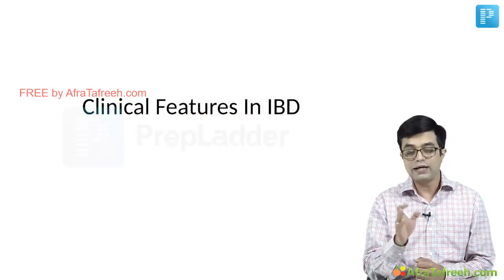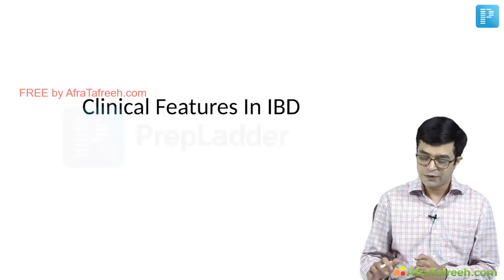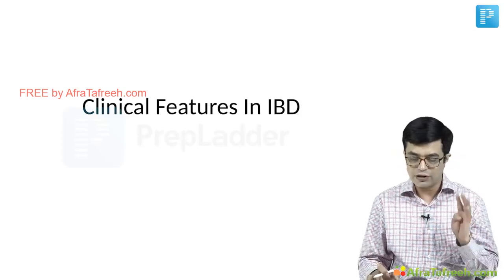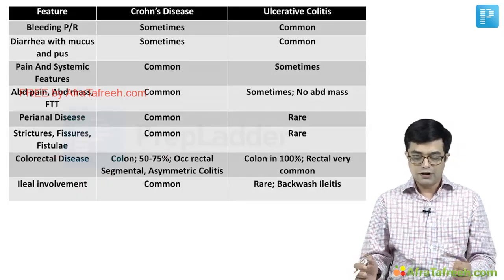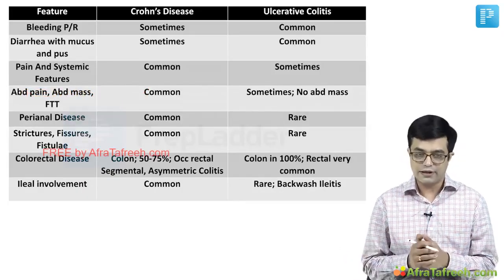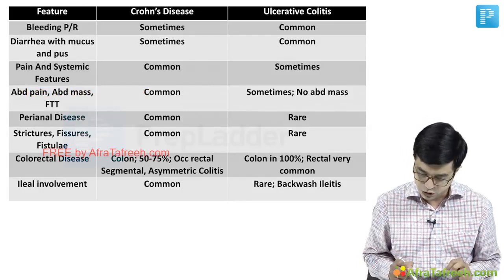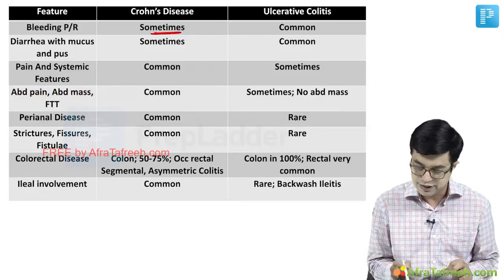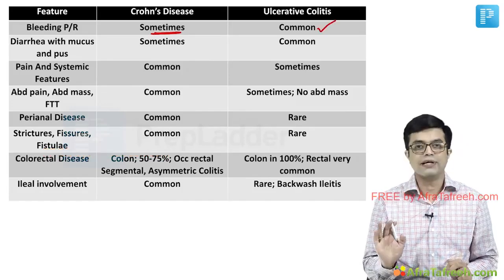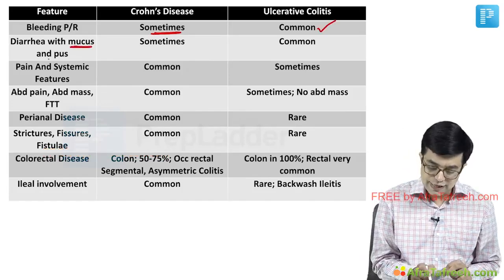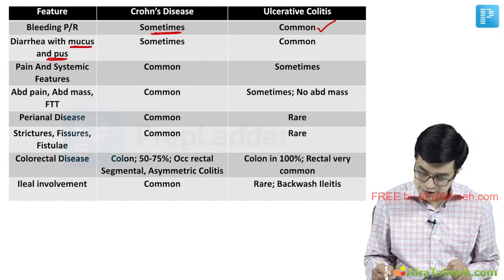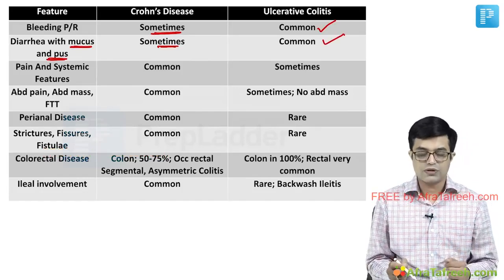Next we move to the comparative clinical features in IBD. There is a table I have made consulting 4 different books, easy for you to remember. On one side, again Crohn's disease, then we have ulcerative colitis. Bleeding per rectum in Crohn's disease can sometimes be seen, whereas in ulcerative colitis it is commonly seen. Diarrhea with mucus and pus is common in ulcerative colitis, sometimes seen in Crohn's disease.